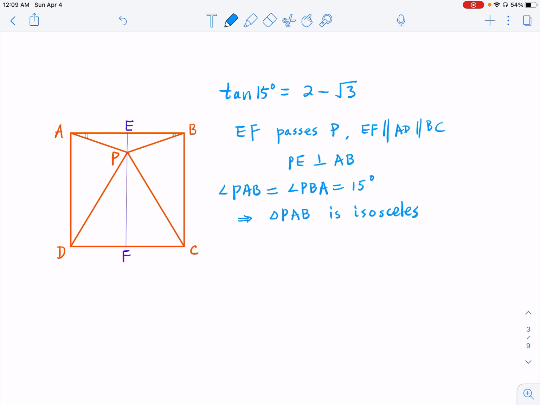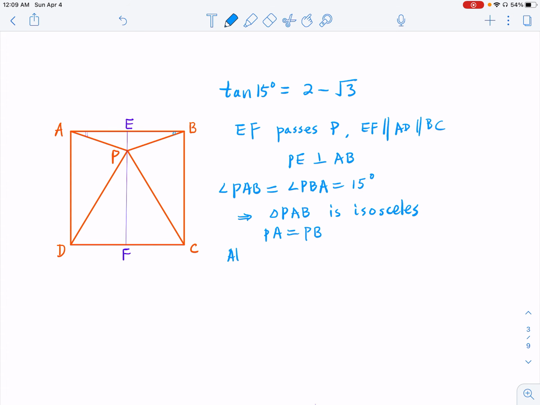And the corresponding sides are equal to each other, so PA would equal PB. Not only that, but the altitude PE is also going to be the bisector of the base. What is the base? The base here is AB.